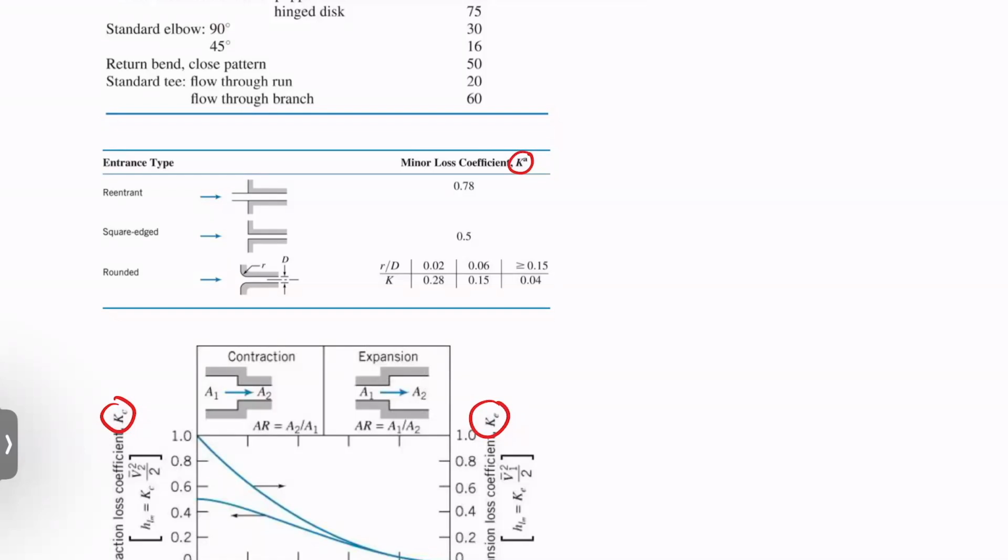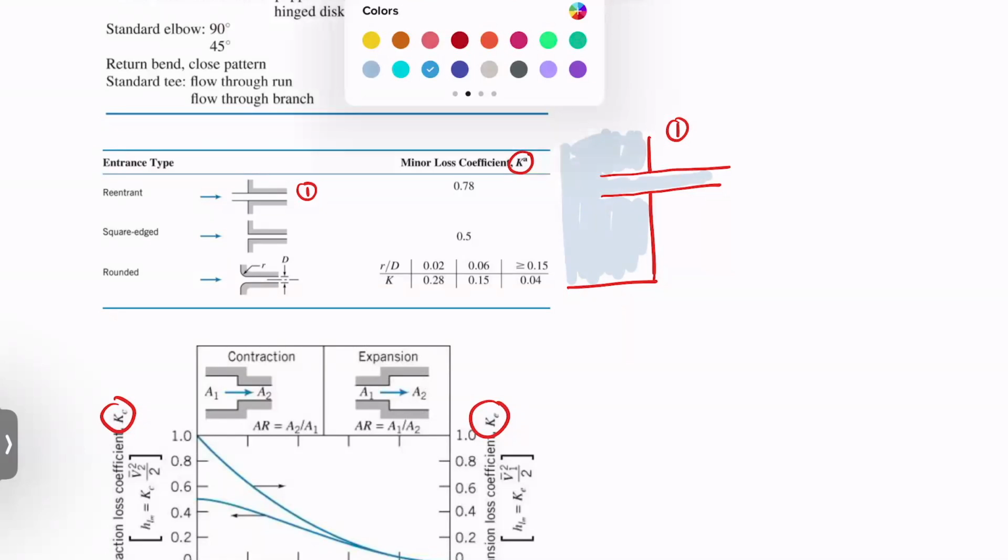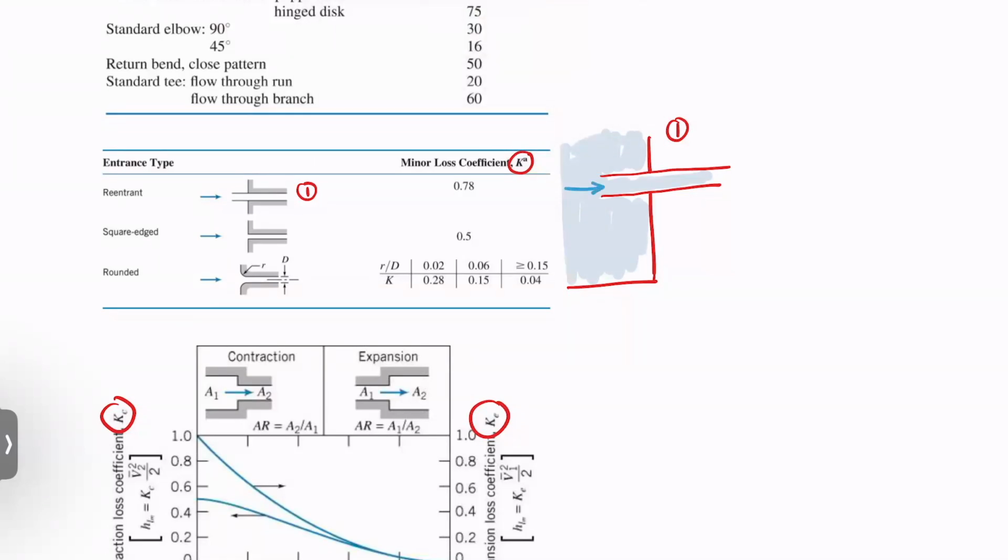This first one, just so it's abundantly clear, is like if you were to have a tank and then you have your pipe extending into it like this. So that's this one. Essentially you have a fluid in a big reservoir, and then it's going into this piping system like this. Does that make sense? More or less? Okay, cool.